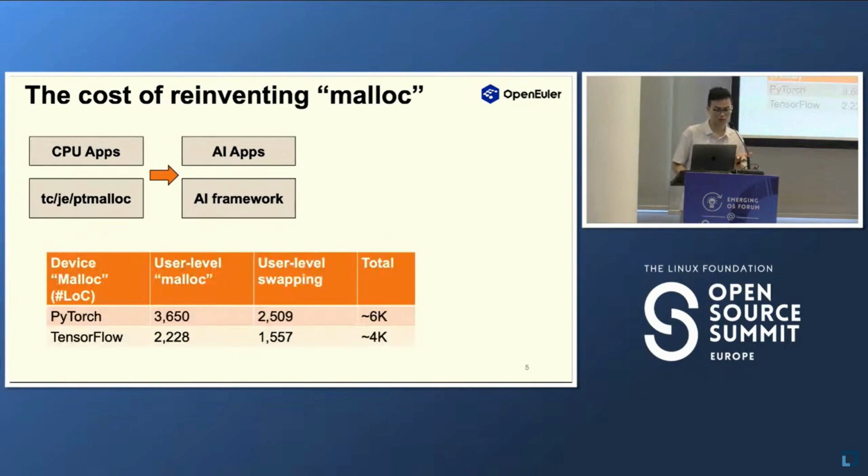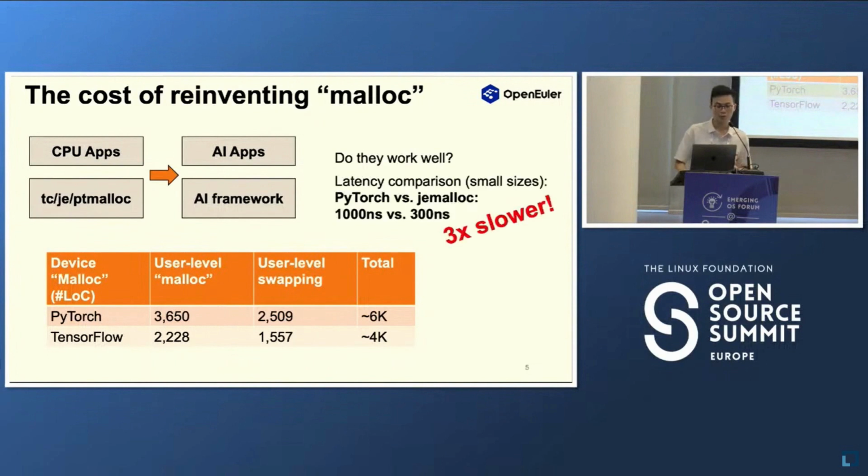So PyTorch and TensorFlow have to implement their own libraries, which span around 4,000 to 6,000 lines of code. Do they really work well in reality? We compared PyTorch and jemalloc using the same large language model workload, and we see that the malloc latency from PyTorch is around 1,000 nanoseconds, while it is 300 nanoseconds for jemalloc. So the PyTorch reimplementation is about 3 times slower.